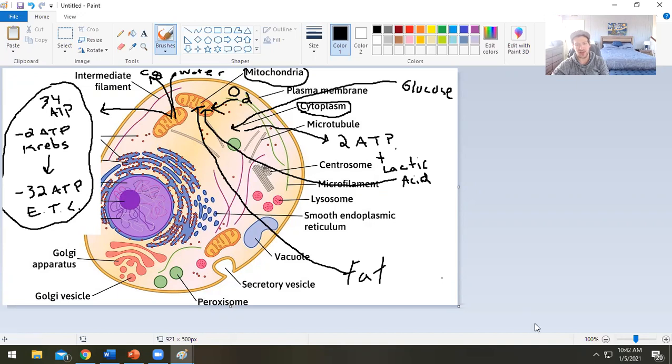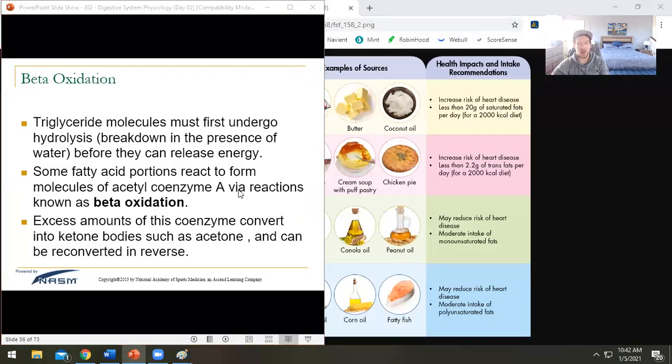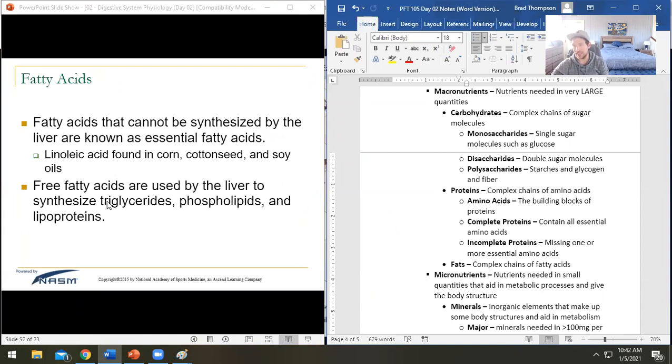Keto diets rely on using this as a fuel source instead of this. We'll talk more about that in later classes when I get into fat production, but basically your body goes through this process called beta oxidation, where it splits up your fats in order to go through the process of metabolism.